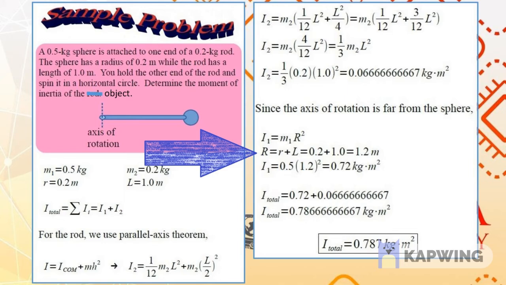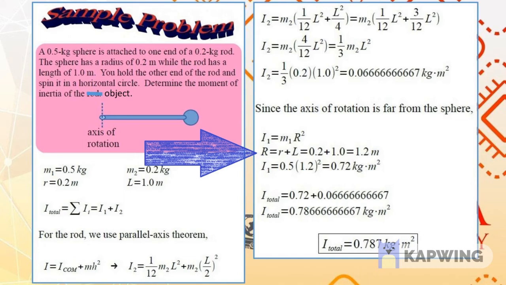You will recall that for an object moving in a circle of radius r, the moment of inertia equation is m r squared. Therefore, the moment of inertia of the sphere for this problem is I1 is equal to M1 R squared.